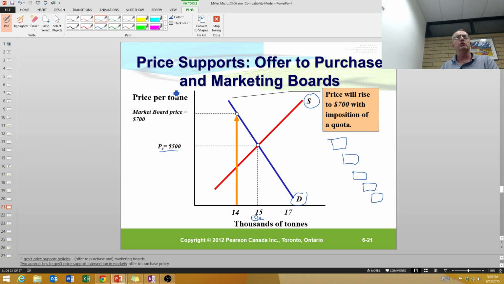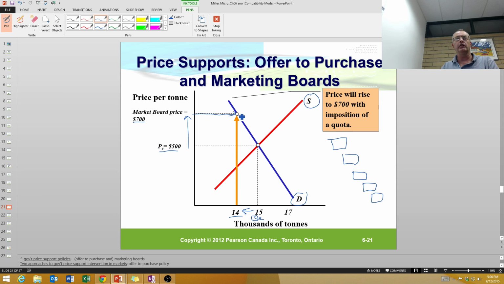So the government says, hey, you can only produce this quantity here. So this is the quantity that the market produces, and this is the quantity that farmers get paid for, and people end up consuming. Same as with the offer to purchase programs, the consumers pay a higher price than they would in a free market, and they consume a lower quantity than they would in a free market.